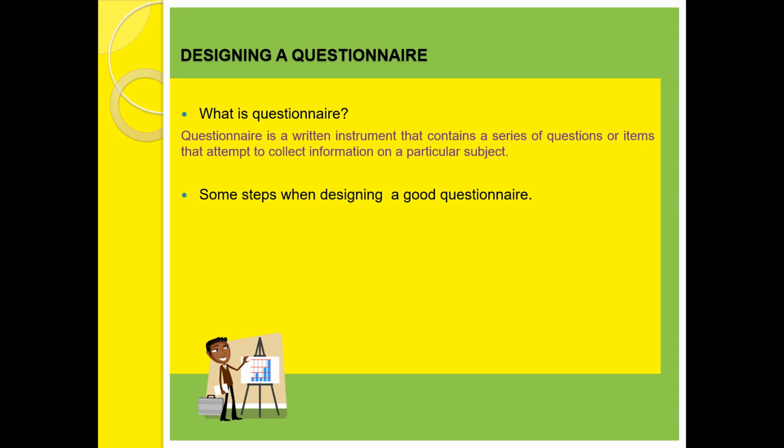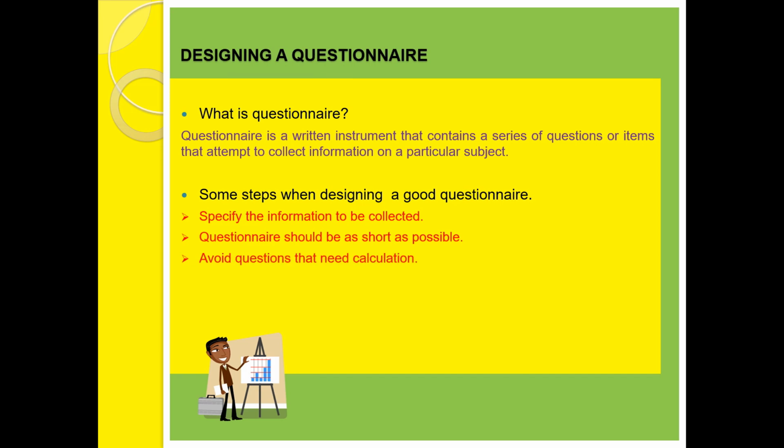So this one based on his research objective. Second, questionnaire should be as short as possible. Avoid long questions. Third, avoid questions that need calculation. Avoid questions on sensitive or personal issue. So this one, some steps or guidelines for a researcher to construct or to design a good questionnaire.